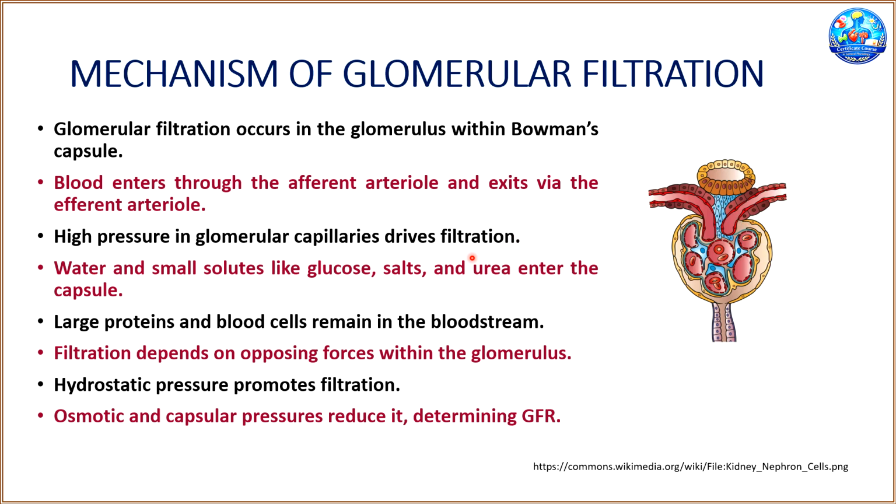As the blood is pumped at very high pressure into these glomerular capillaries, this becomes the driving force for filtration. Small molecules like glucose, salt, along with water and urea, all enter into this capsule, while larger ones like proteins and all the blood cells remain in the blood only.